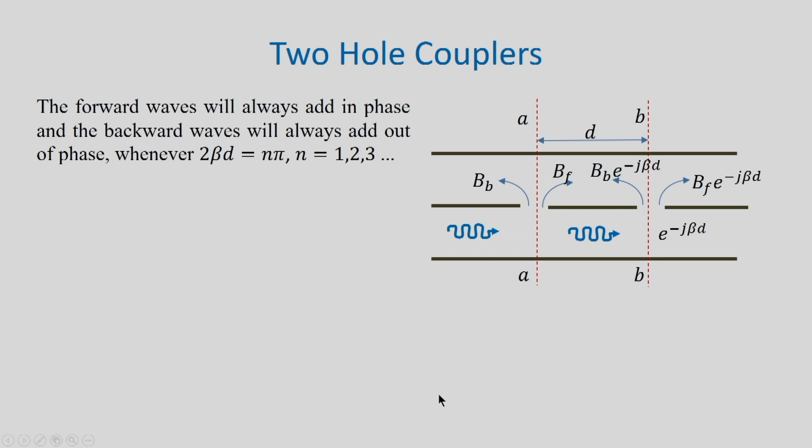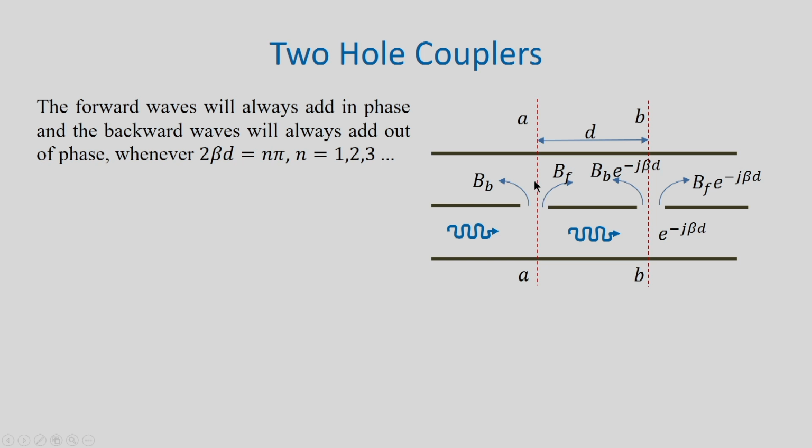So, we find the forward waves will always add in phase and the backward waves will always add out of phase whenever 2 beta d is equal to n pi, where n is equal to 1, 2, 3.